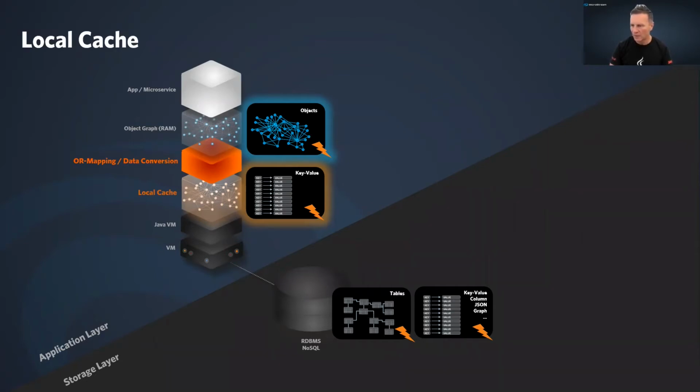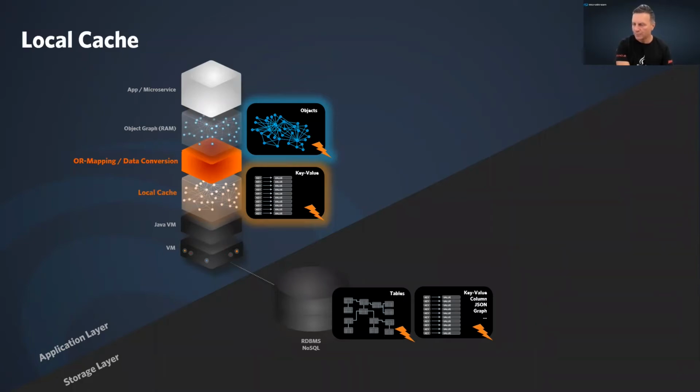So then we can avoid hitting the database. We read the data directly from the cache. And this should be super fast because it's pretty close to the application. It runs within the same JVM process as your app or your microservice. And then reading from cache will be very, very fast.